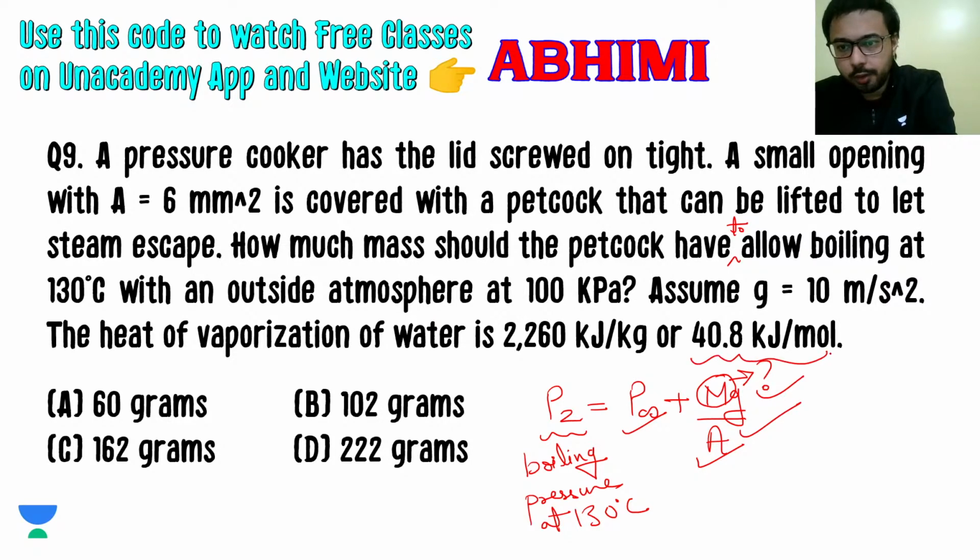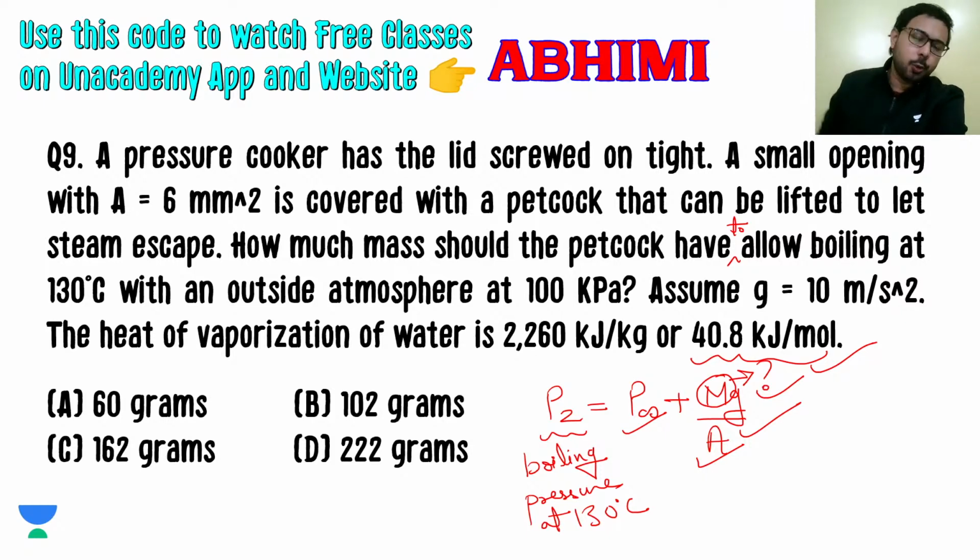And I think you have to remember this heat of vaporization also, because sometimes it is entirely possible that this value is not given, since this is one of the standard values for you to remember. So remember the heat of vaporization of water, just like the latent heat of fusion, which you also should remember. Here the heat of vaporization, that is the heat required for this phase change to take place, is 2260 kilojoule per kg, or in kilojoule per mole it is 40.8.